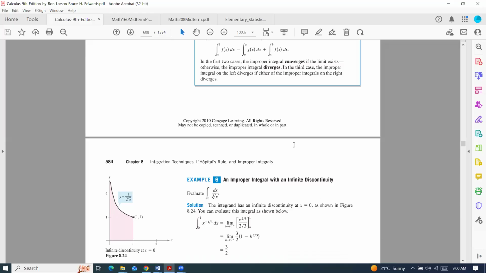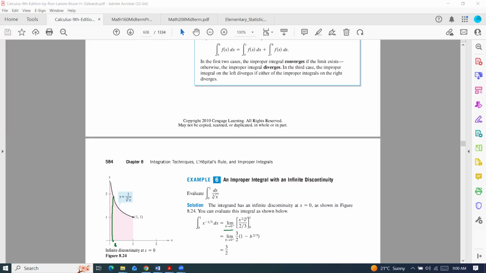So please notice that you again had an issue taking the antiderivative because at 0 it was not defined. So what they advise is to cut it out at some particular fixed value, call it b, and then turn it to the limit when b approaches 0.